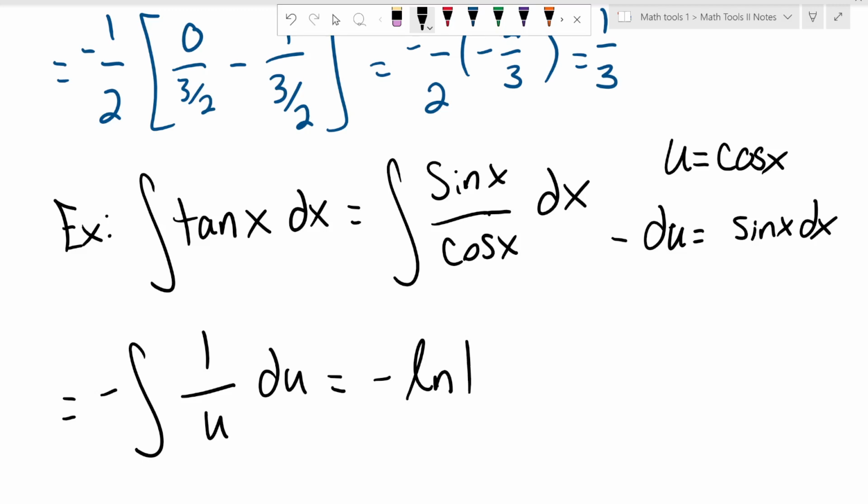Remember, it's the natural log of the absolute value of whatever it is, because we can't guarantee that that argument is positive without that. Cosine in particular is negative often. So we definitely need the absolute value here. So negative natural log of cosine of x plus c.